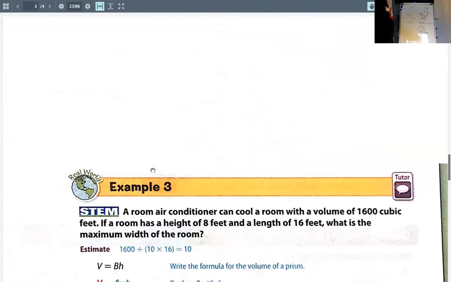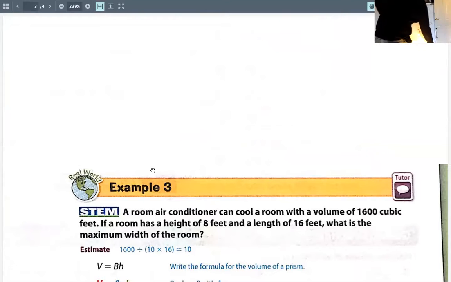All right, let's take a look at this one. A room air conditioner can cool a room with a volume of 1,600 cubic feet. If a room has a height of 8 feet and a length of 16 feet, what is the maximum width of the room? Try to do that problem.